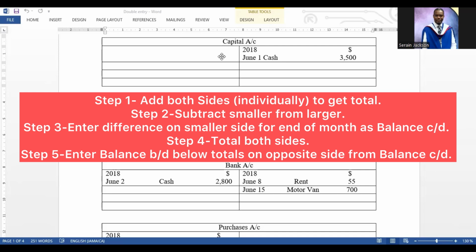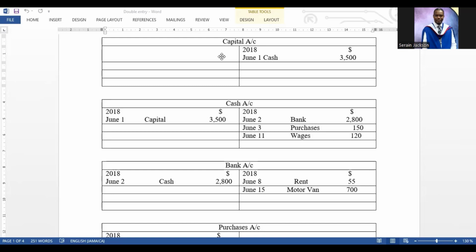The fourth step is to add up both sides and make sure that the totals on both sides are equal. And then the fifth step is to carry down the balance to the opposite side, where it will now be called the balance brought down, beneath the totals.